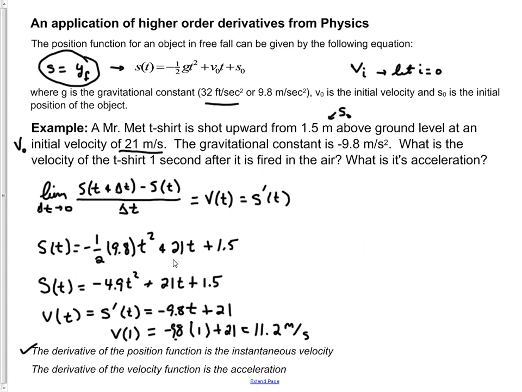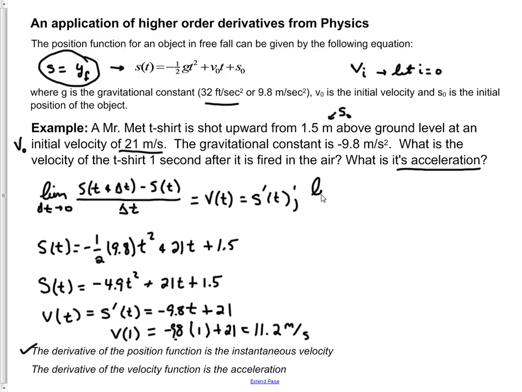Well, it started out at 21 meters per second, and because it's going straight up in the air, it's slowing down. It did slow down to 11.2 meters per second. How about the acceleration? What could we say about acceleration? Well, in the same way that we set up velocity as the change in position over change in time, acceleration is the change in velocity over change in time.